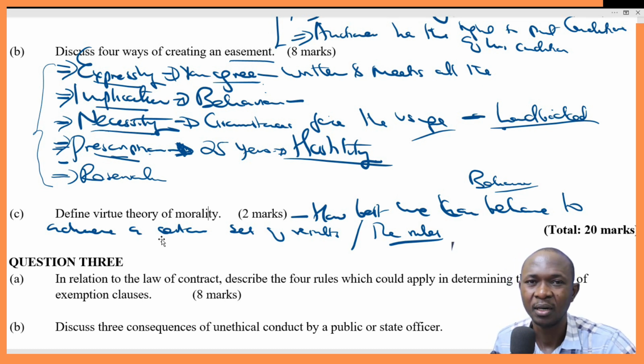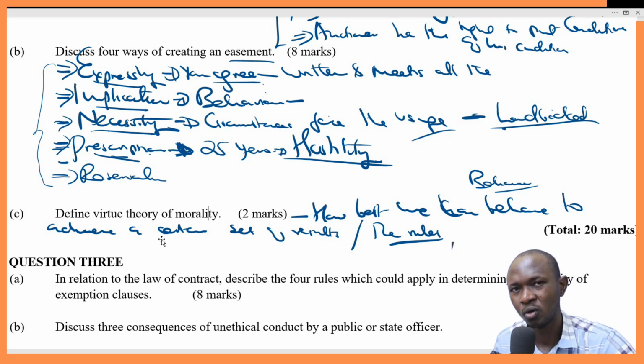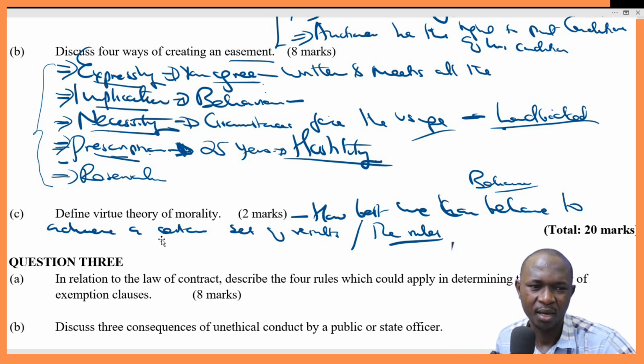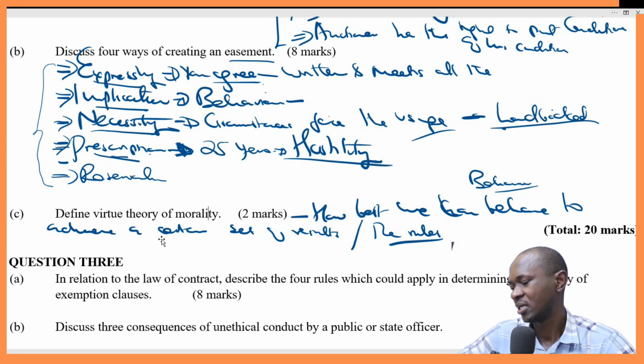So it's not about the rules; it's about how we should behave, how we should be, and what ethical considerations we ought to imitate to achieve the best results. Thank you. I think that is the end of question 3.